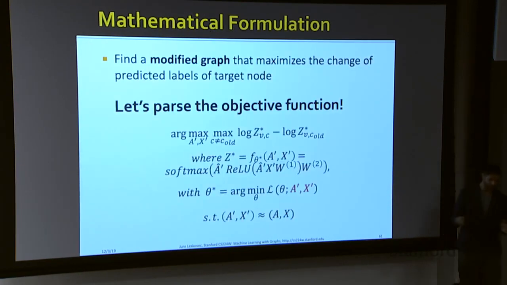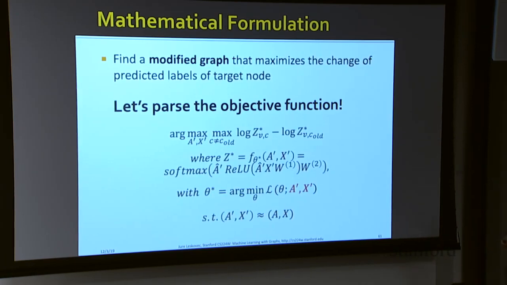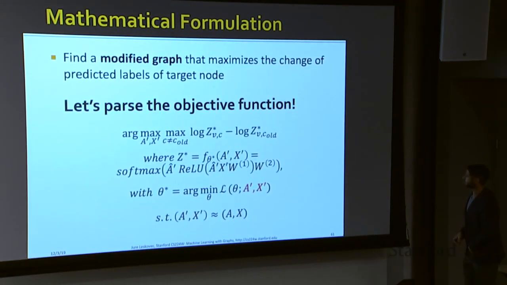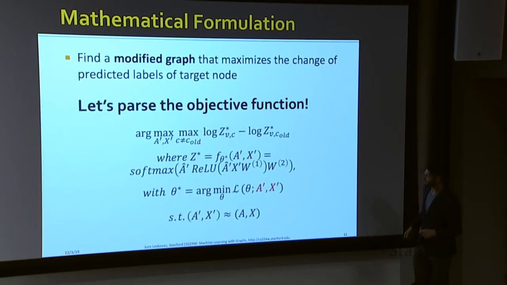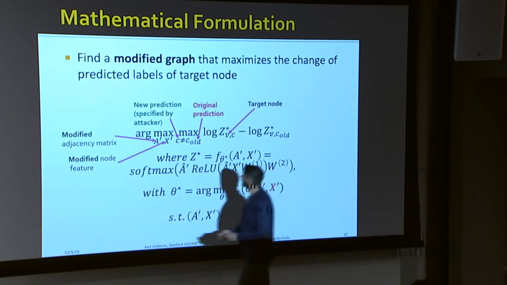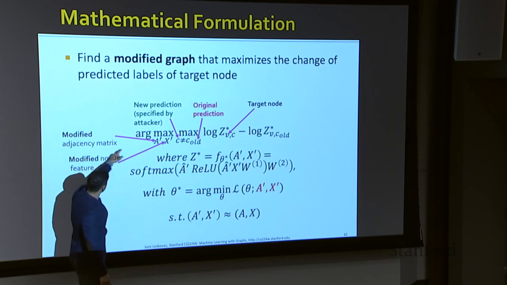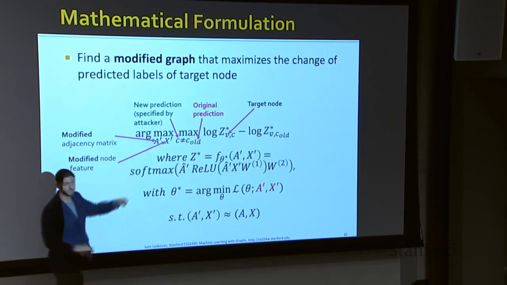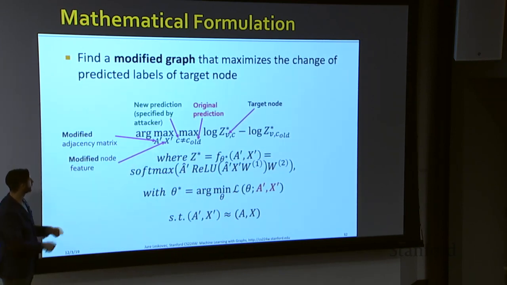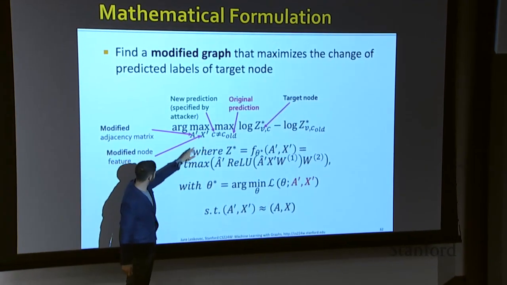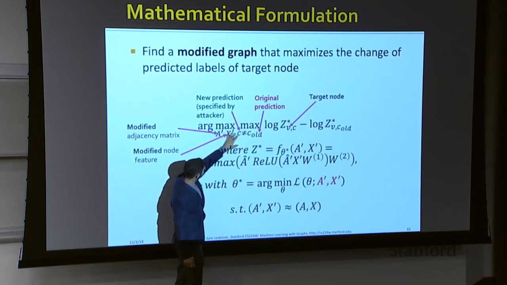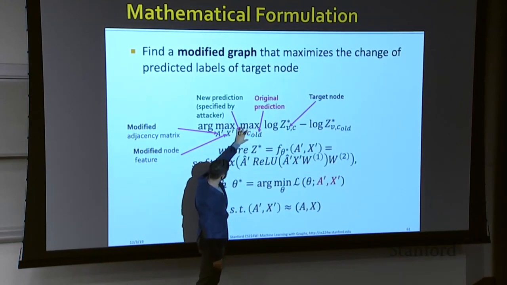Now, let's turn this into formulas, into a model, and let's see how we can make it work, okay? So at the end of the day, we want to find a modified graph that maximizes the change of our predicted labels, and our objective function is the following. We're going to be producing, first of all, a modified adjacency matrix. We said we want to be changing some edges in our graph. We also want to modify some of the node features. So we want to maximize the outcome of our prediction.